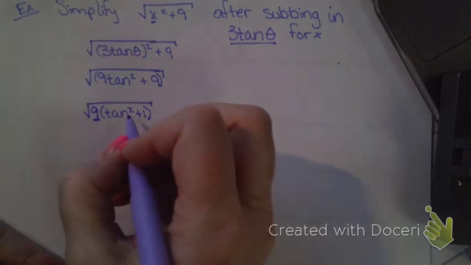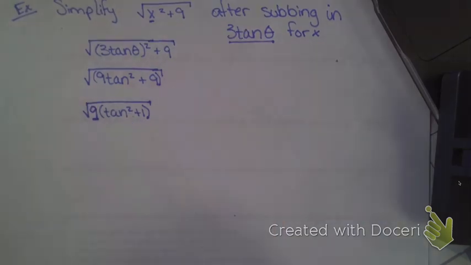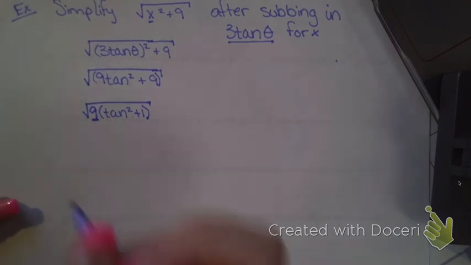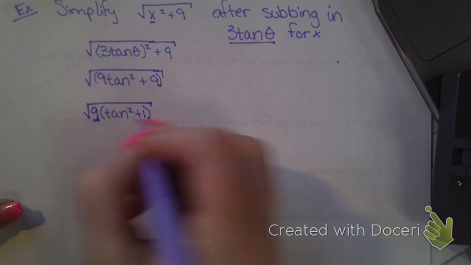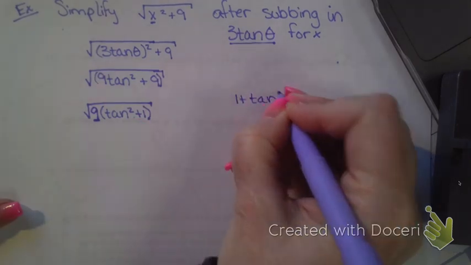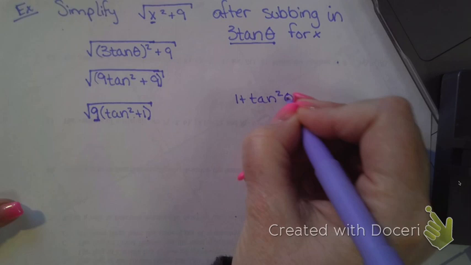Yes? Okay. So anytime I see a square, my spidey senses should be going off, right? And I should be going through those Pythagorean identities to see if it will work. Will it always work? No, but you need to be aware that they're there. So 1 plus tangent squared equals secant squared.